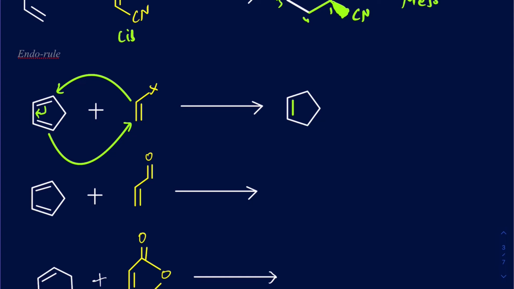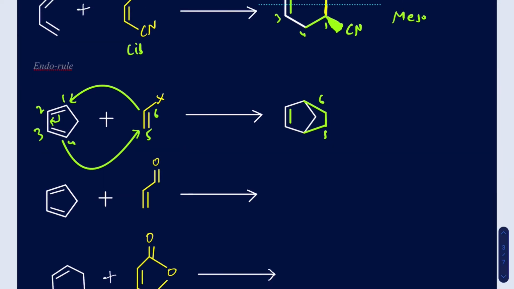Let me draw that again. I'll have 5 and 6 here. Remember, this is 1, 2, 3, 4, 5, and 6, so this is going to be your 5 and 6. And then this X right here is going to be endo. So what does that really mean?